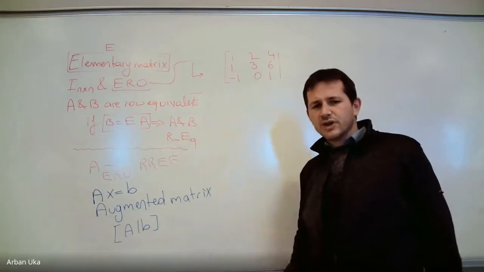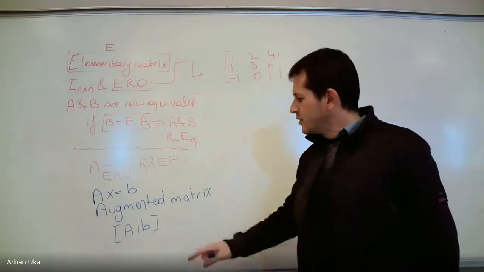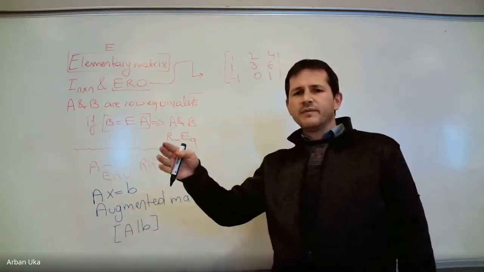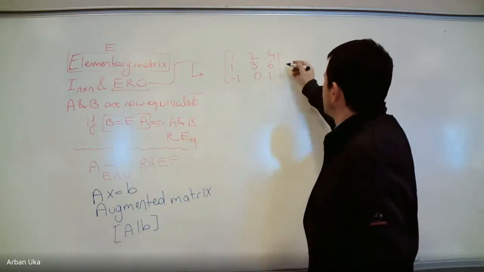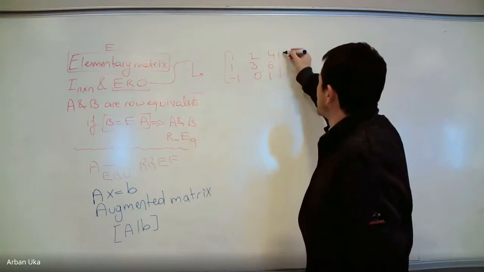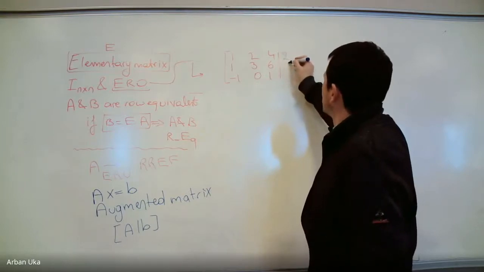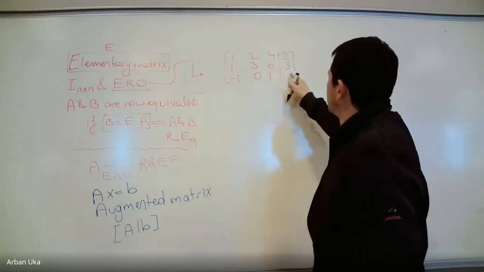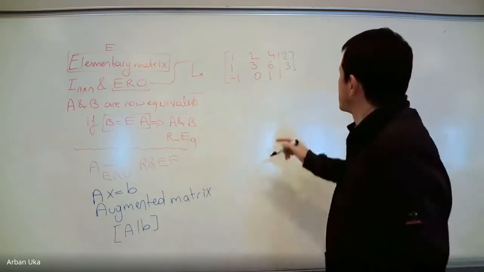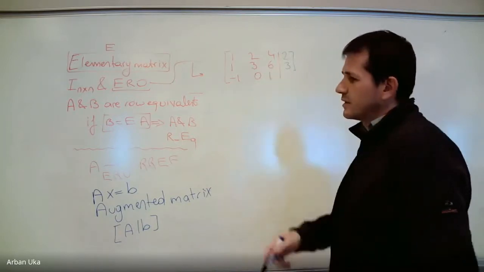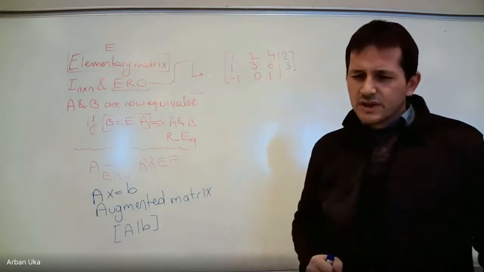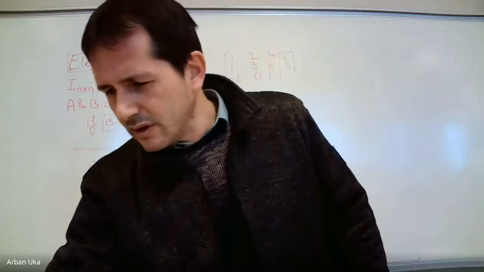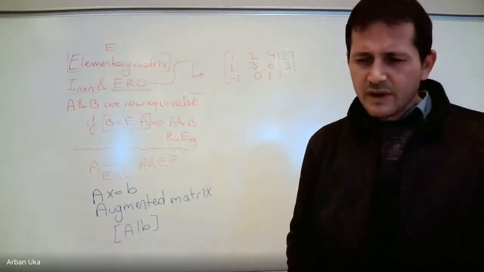Can we do this merging? Yes, we can, because the number of rows in A is equal to the number of rows in B. So if this is A, 3 by 3, we cannot merge a matrix that is going to look like this, 2 by 3, because the matrices would not be rectangular. You are going to see this in the future years, in the second or third year.